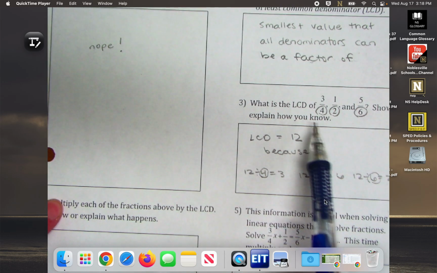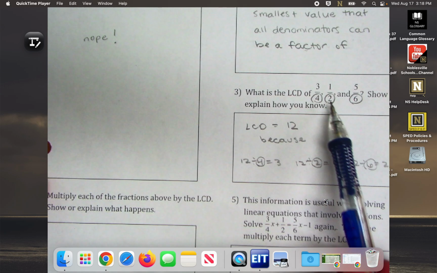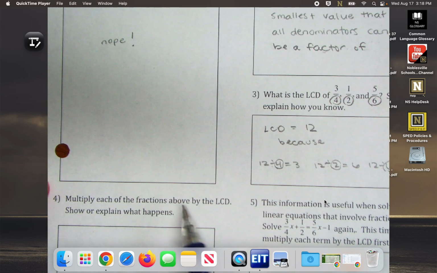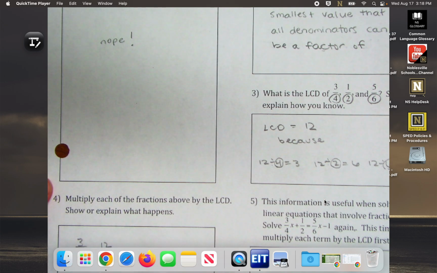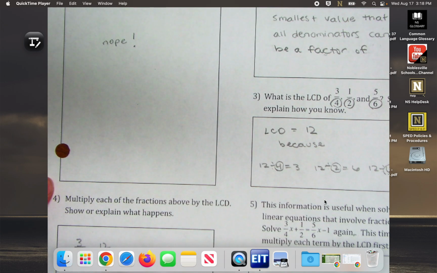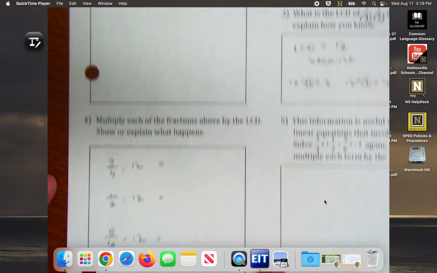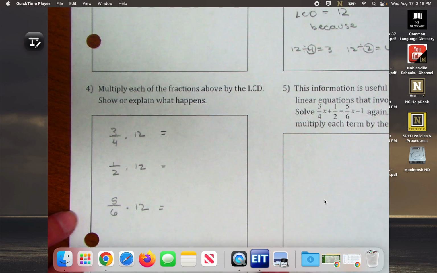We're going to take each of these. It says multiply each of the fractions above by the least common denominator. So we're going to take 3/4 times 12. We're going to take 1/2 times 12. And we're going to take 5/6 times 12. So you guys all know the trick, right? For multiplying a fraction times a whole number?